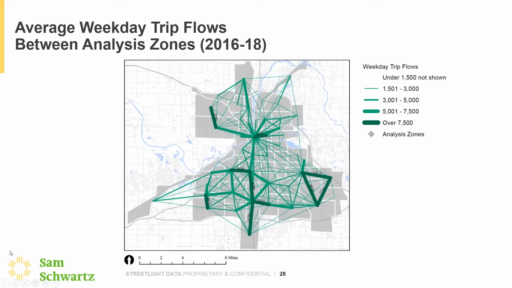Although downtown has the largest amount of travel, there's actually only one of the largest flows going into downtown, because those flows are distributed in different directions. And we were seeing a number of larger individual flows further on the south of the region and some other areas. Of course, the one thing to keep in mind when analyzing the data in this fashion is different zones are different sizes, so we always need to keep that in account.